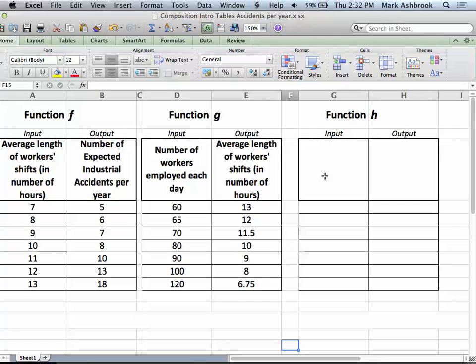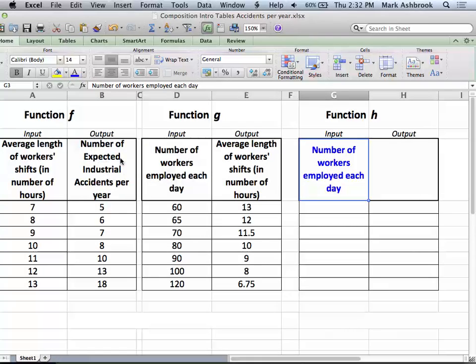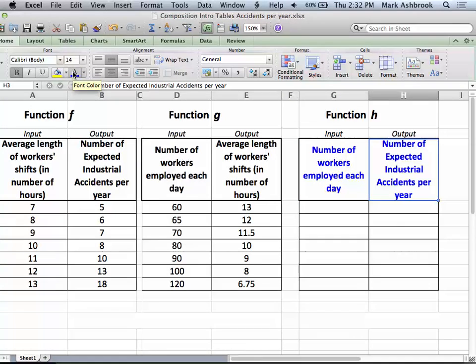What was the first step in the previous process? F or G? What was first? G was first. And what was the input of G? Number of workers employed each day. And then after we did the two-step process, what was the final output? Number of industrial accidents per year.